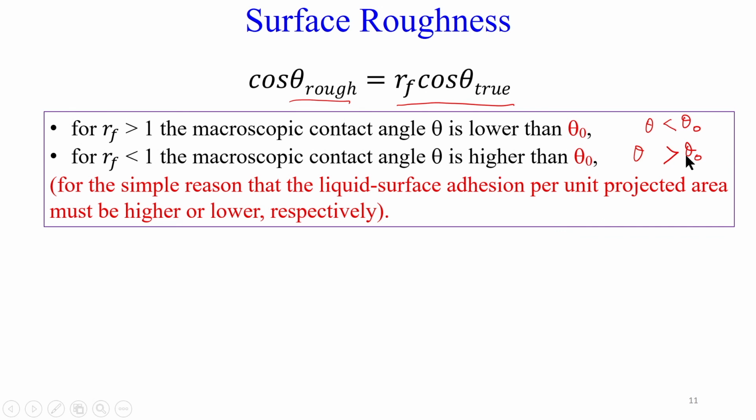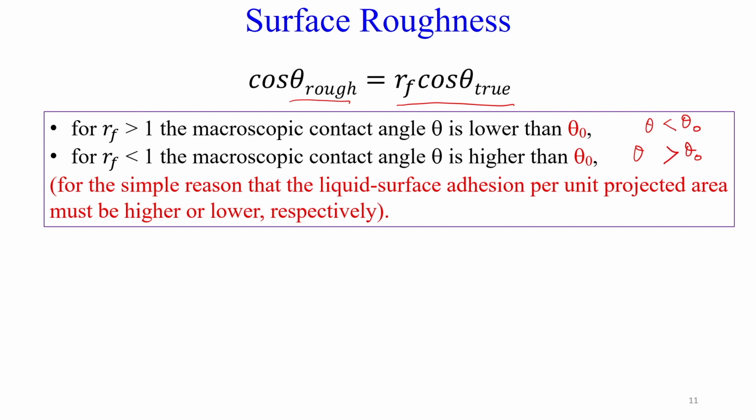So, what it says is that the liquid-solid adhesion per unit projected area must be higher or lower depending on the value of the roughness factor. So, the solid-liquid adhesion per unit projected area can be tuned by tuning the roughness factor.